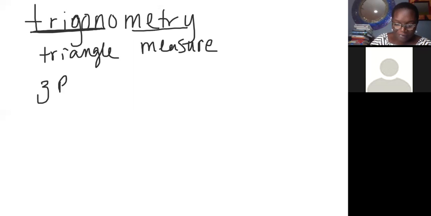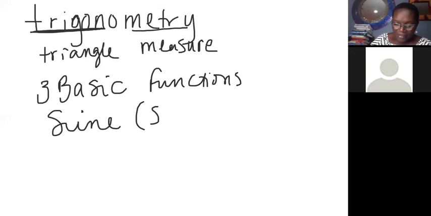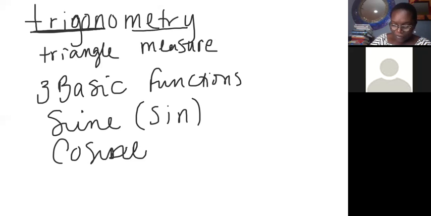Now, there are three basic functions which you guys are very familiar with from maybe your geometry classes, which we use when it comes to trigonometry. We've got the sine, shortened to S-I-N, not sin, it's sine. Then we've got the cosine, which is shortened to COS.